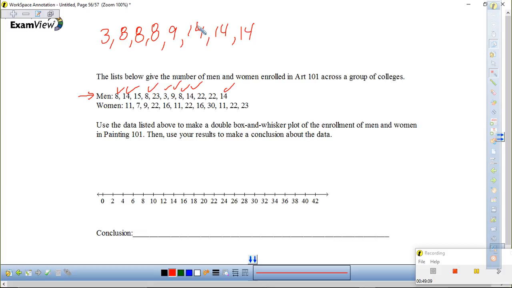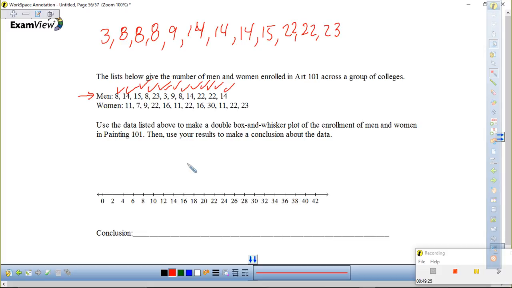And then 15. 22 twice. 23, Michael Jordan. So how many total? 4, 5, 6, and 6. That's 12. Okay.